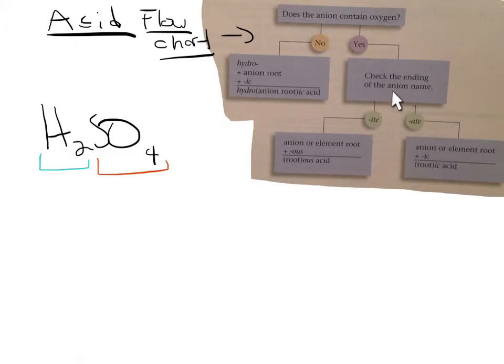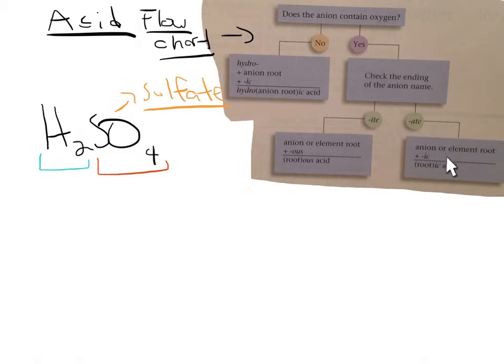Check the ending of the ion name. So this particular ion is sulfate. That's one of the polyatomic ions that I wanted you to memorize, but you can look at your sheet for now until you get comfortable with them. But that is sulfate. So check the ending of the name. Is it ate or ite? It's ate.